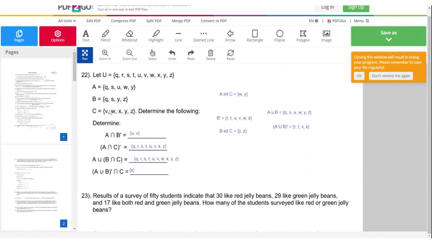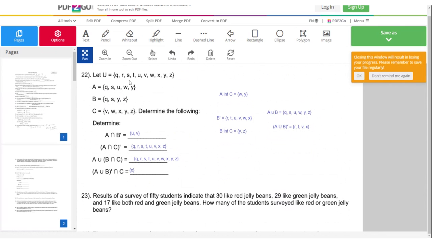Okay, all I can do is go back and see. So A union B is W, Y, and Z. So that's right. Now, what's not in this? Not in both. Okay. So Q, S, U, W, Y, and Z can't be in there.